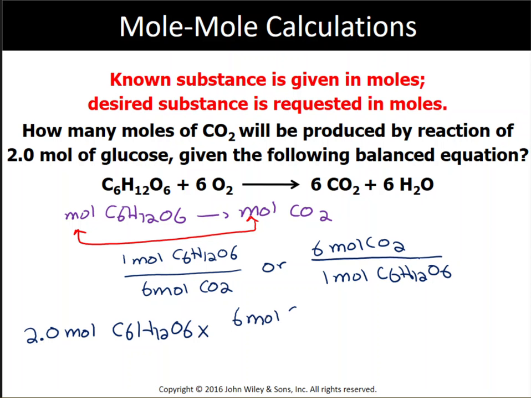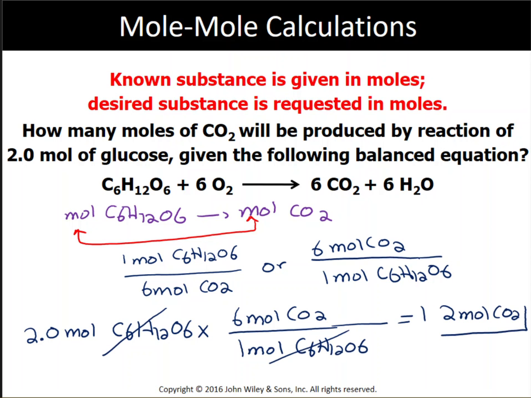Each 6 moles of carbon dioxide is produced from the reaction of 1 mole of glucose. And from here, moles of glucose cancel out. So from the reaction of 2 moles of glucose, you'll get exactly 12 moles of carbon dioxide.